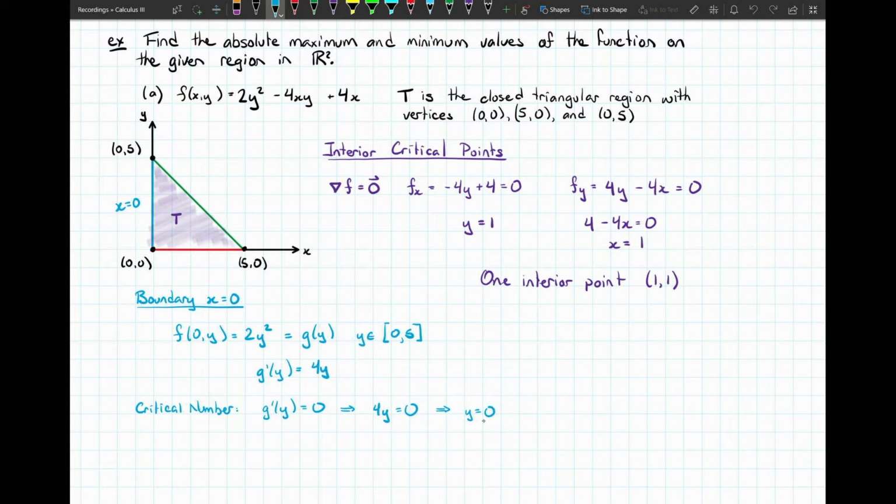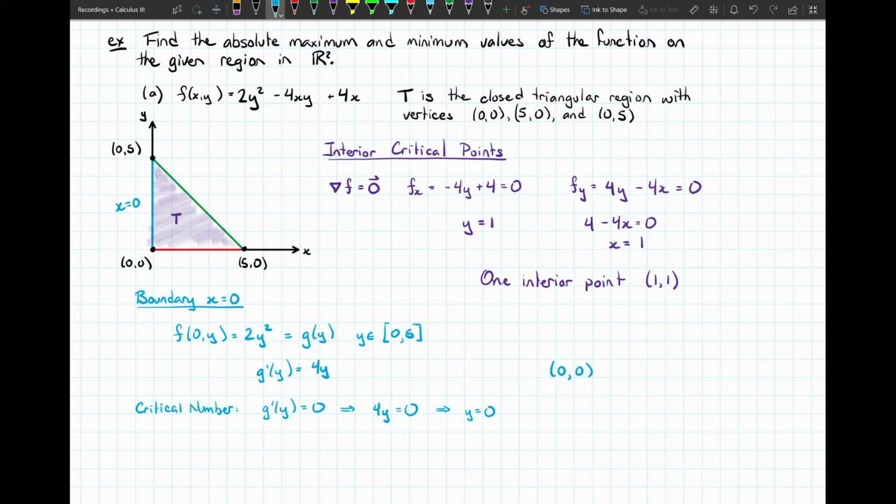But that's a critical number of the function g of y. That actually gives us a critical point that we're going to be looking at along the boundary where x is 0 and y is 0. Now that also just happens to be one of the vertices. Now let's not forget that when we are using the closed interval method for a function of one variable, we also have to consider endpoints.